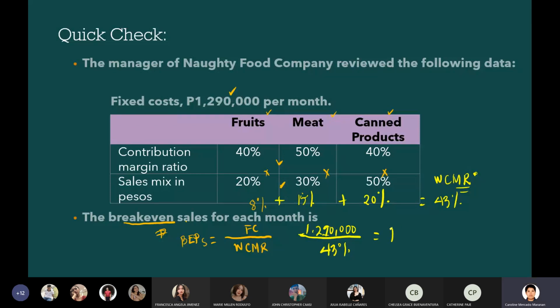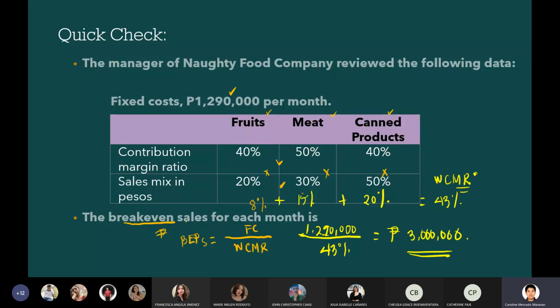Pa-compute naman ako. 1,290 divide 43%. Answer is 3 million. That's the answer for this problem.